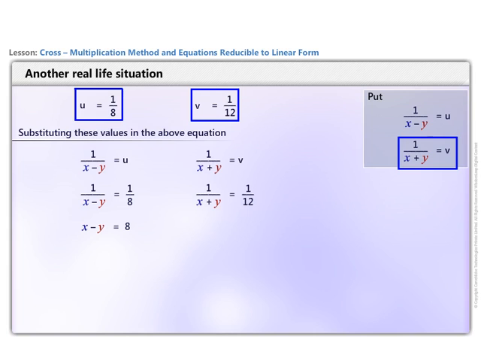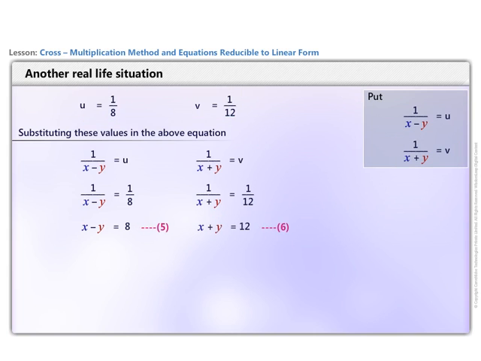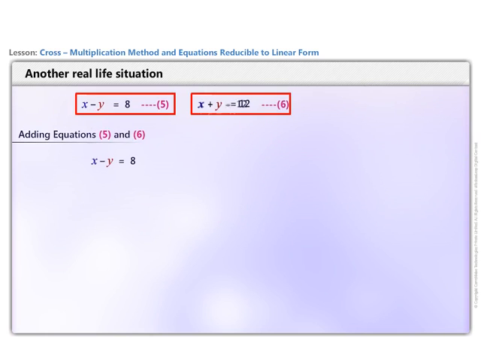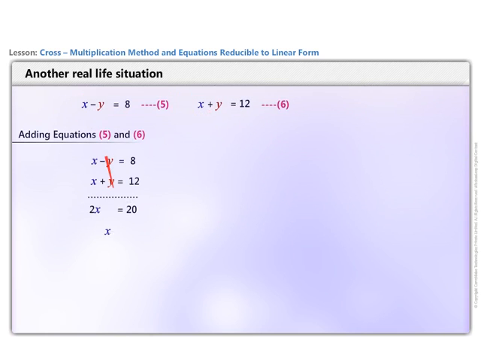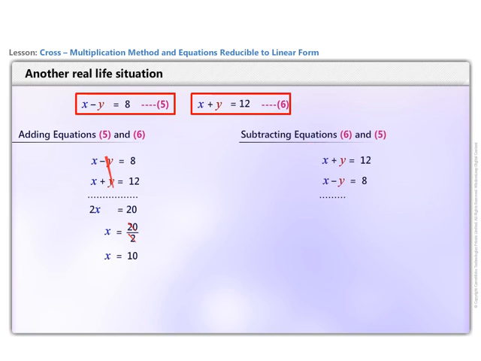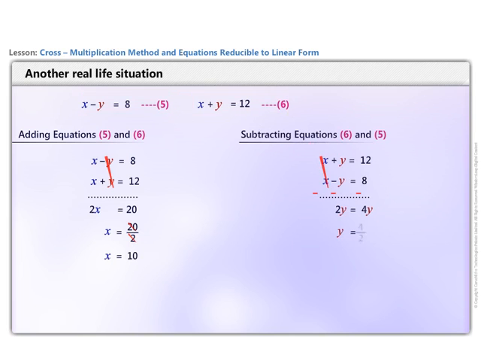When she travels 100 kilometers by bus and the remaining by car, she takes 10 minutes longer. Find the speed of the bus and the car separately. Here, the time taken by Rita to travel 100 kilometers by bus is equal to 100 by x hours.